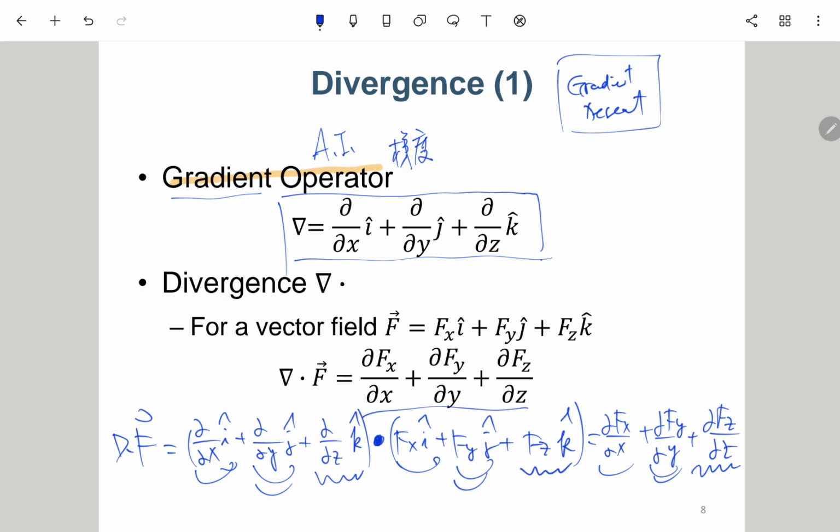So this is the divergence operator in Cartesian coordinates.